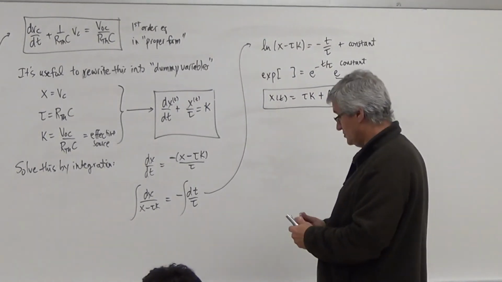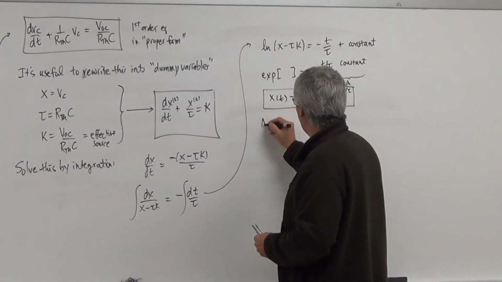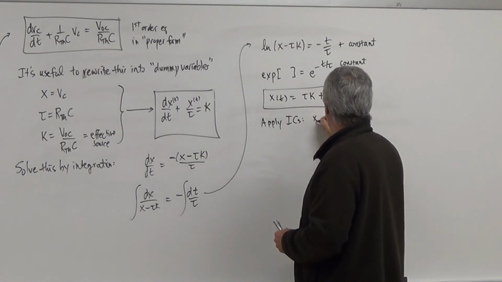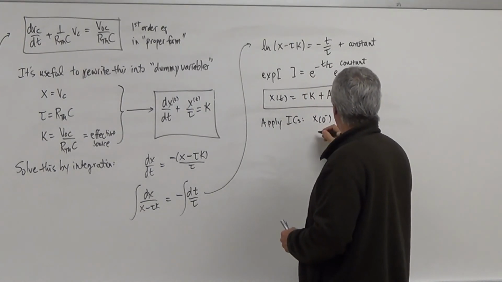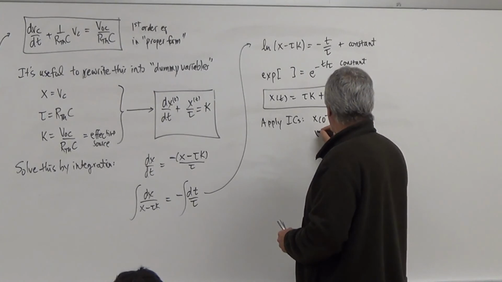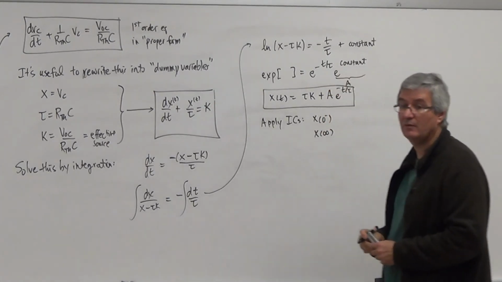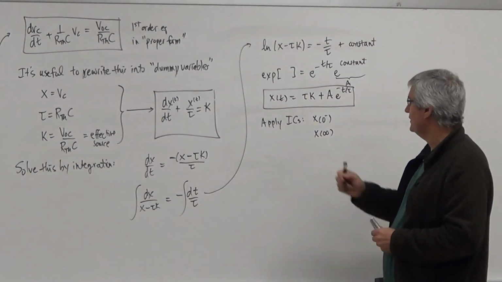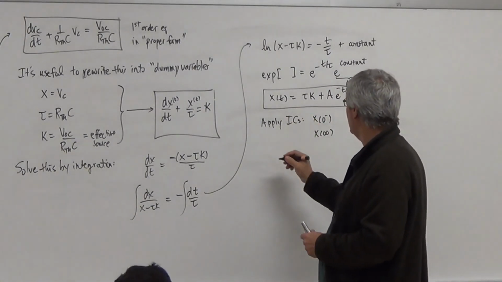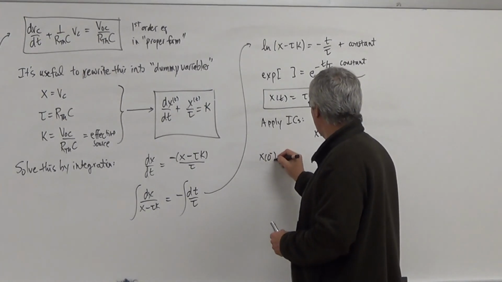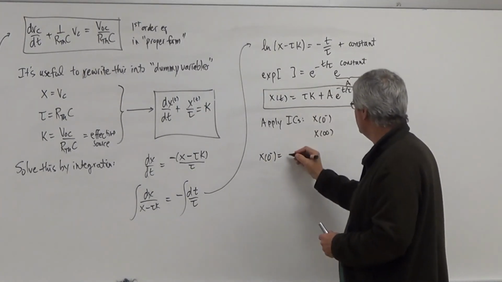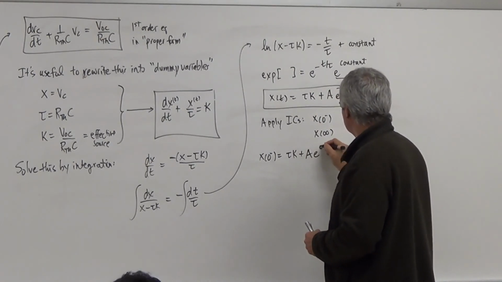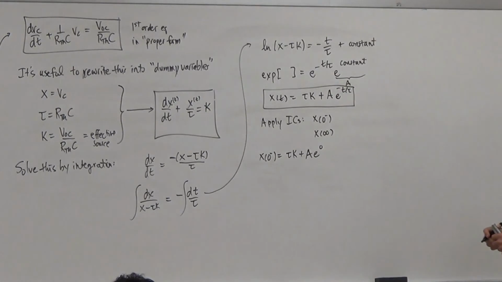One thing I can do is apply initial conditions, that means x of 0 and then x at infinity. Those conditions must be met. The first one is x of 0 minus, which gives me tau k plus a e to the 0, which is just 1.